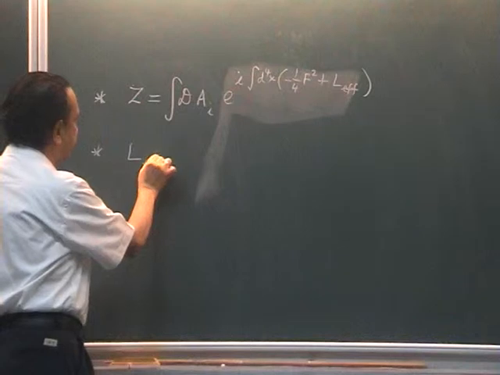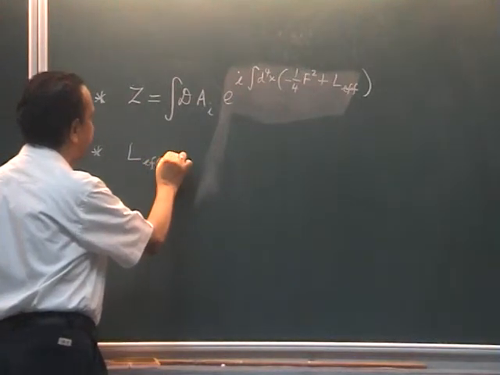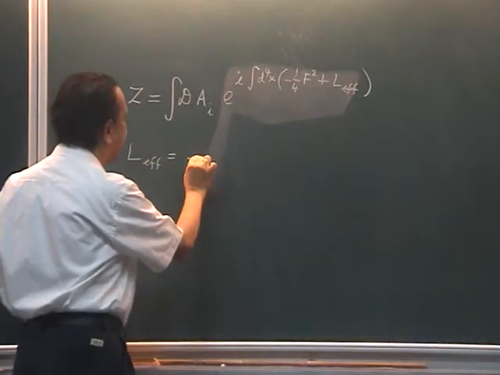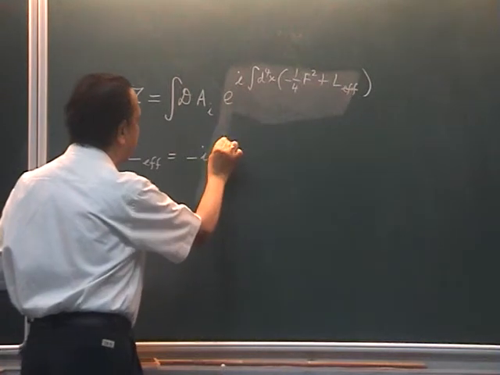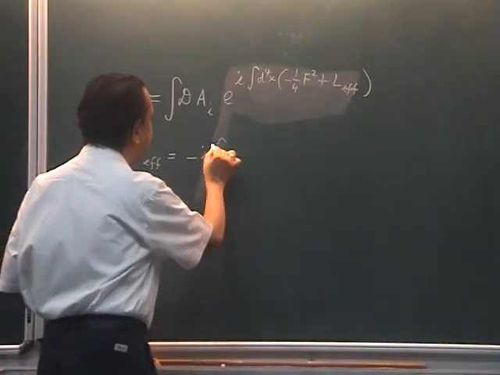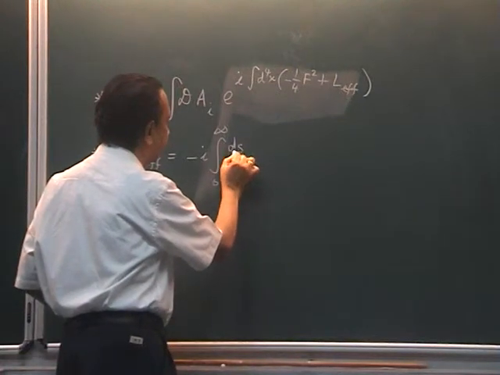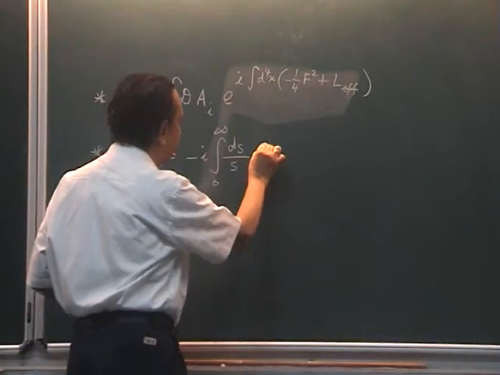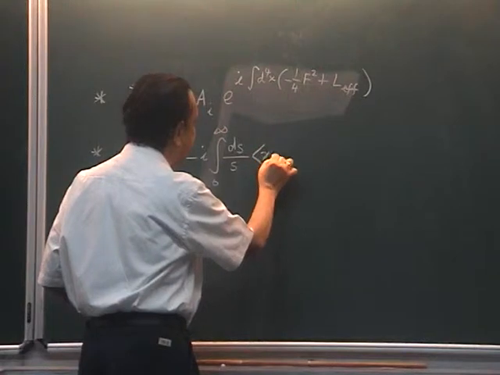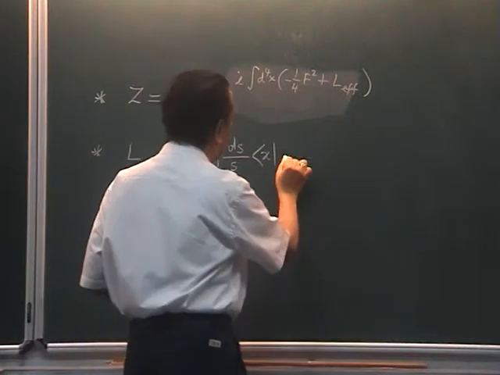L effective in the Lorentz spacetime happens to be minus i integral 0 to infinity ds over s and the trace in some x space.